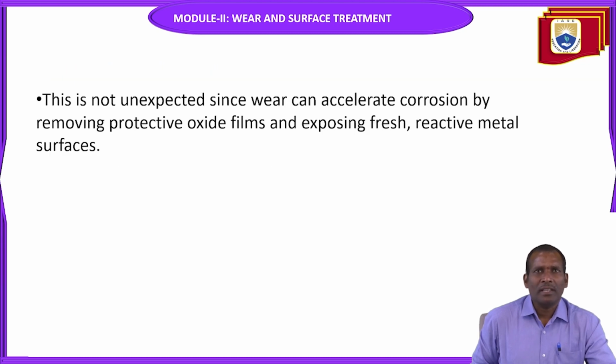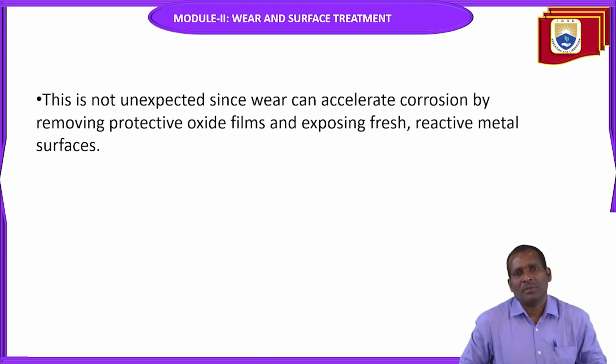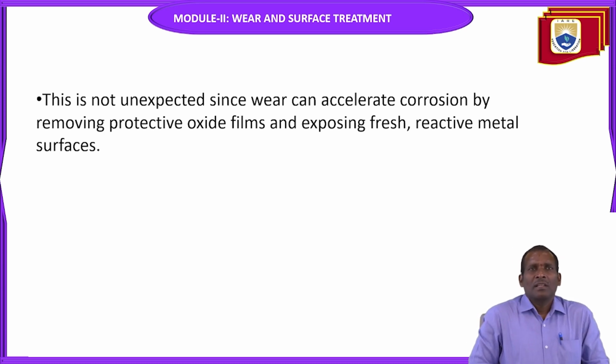This is not unexpected since wear can accelerate corrosion by removing protective oxide films and exposing fresh reactive metal surfaces. So whenever the metal surfaces are exposed to the environmental condition, whenever you are removing protective oxide films, whenever reactive metal surfaces are there, then this type of wear will be possible.